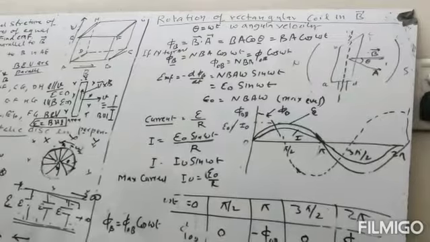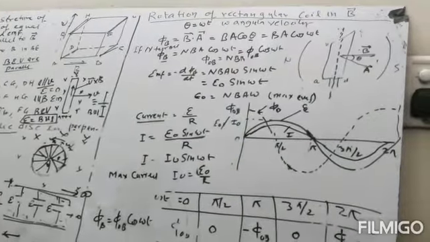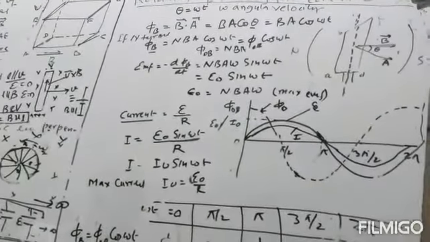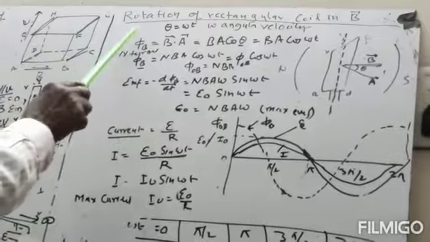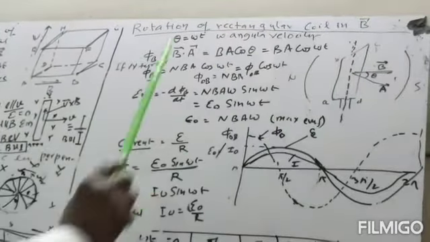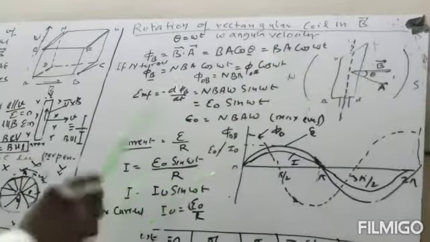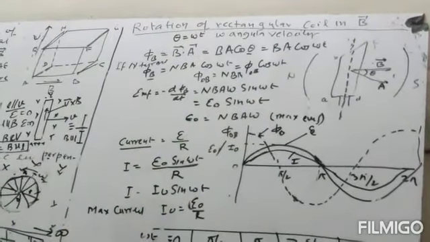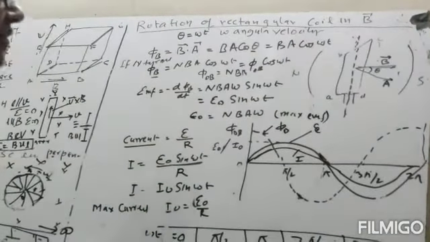We have to find the induced EMF and induced current when a rectangular frame or rectangular coil is rotating in the magnetic field.